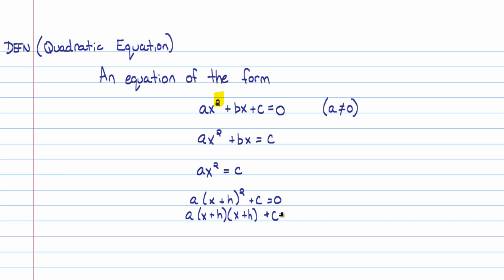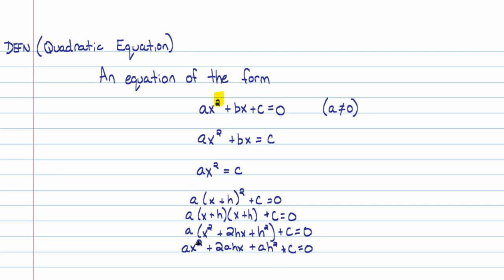By the way, the only variable in all of these equations is x. If you distribute through that binomial, you'll have a times x squared plus 2hx plus h squared, plus c. And then when you distribute the a through the parentheses, you'll get ax squared plus 2ahx plus ah squared plus c is equal to 0.